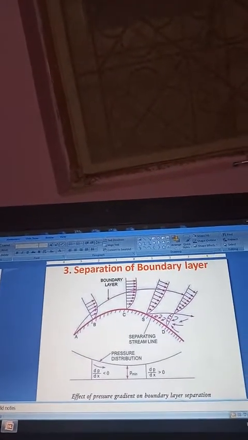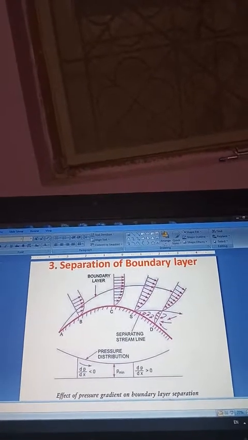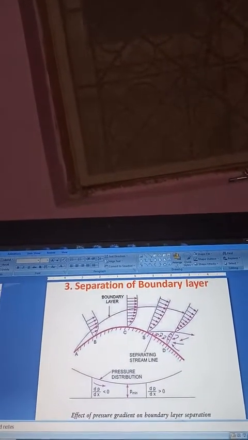Now let us come to the last part of this unit, that is the separation of boundary layer. As I have already told you, we cannot avoid the boundary layer. Boundary layer is there as long as there is a solid boundary.